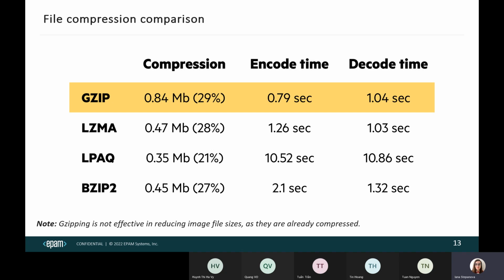CDN will do it for you, gzipping all compressible code files, for example, CSS and JS files, before serving them to website visitors. Important thing to note is that gzipping is not effective in reducing image file size. So we will talk about images later in more detail in another section of this presentation.